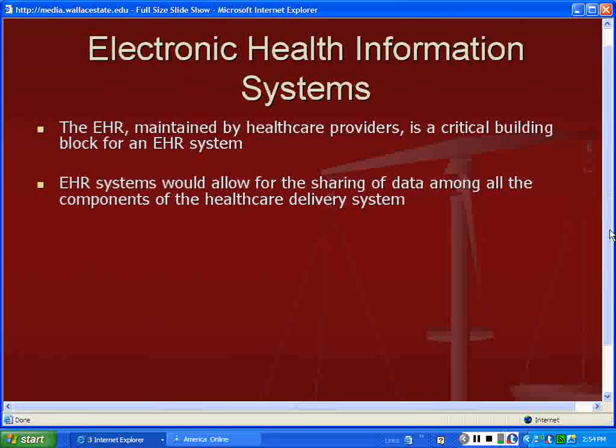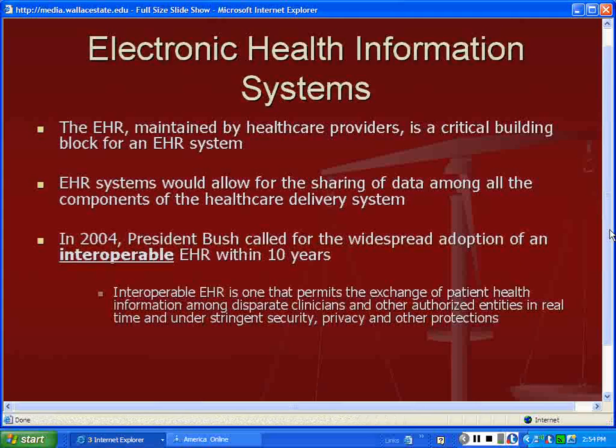In 2004, President Bush called for the widespread adoption of an interoperable electronic health record within the next 10 years, and that was 10 years from 2004. And what was meant by interoperable is an electronic health record that permits the exchange of patient health information among disparate clinicians and other authorized entities in real time and under stringent security, privacy, and other protection. So that fits back to that EHR system.